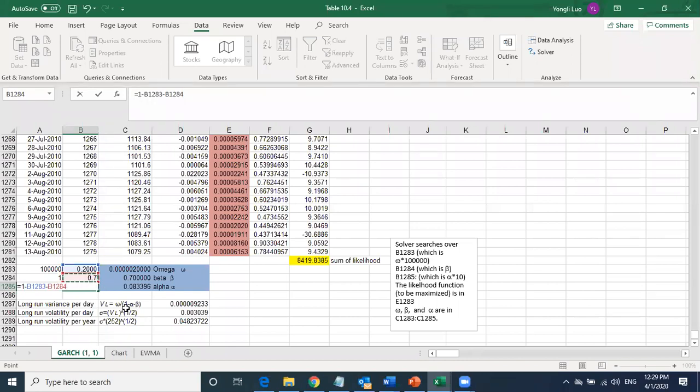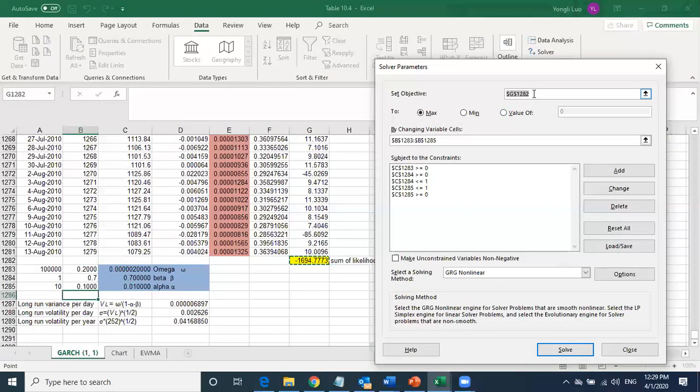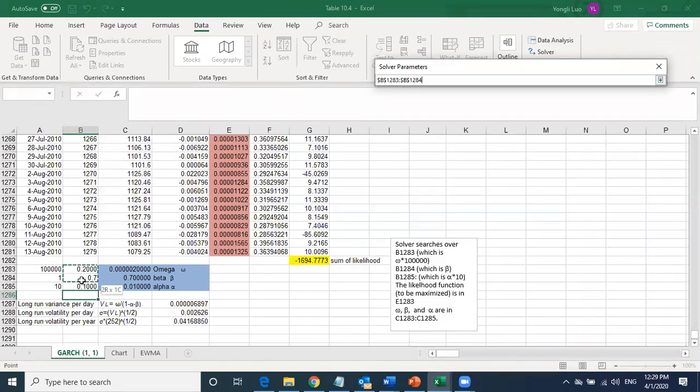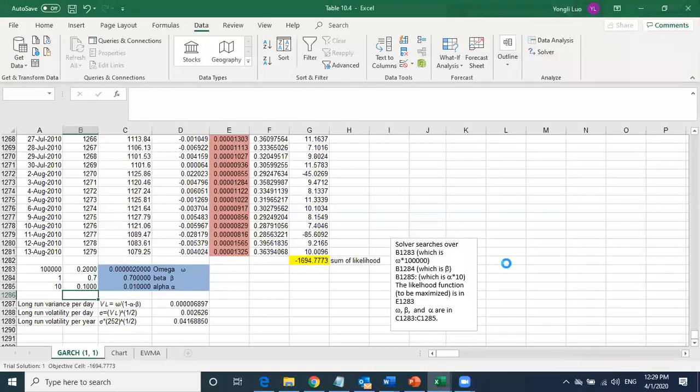Then we maximize, and this is the cell we selected, by changing these cells. So we click on Solver.